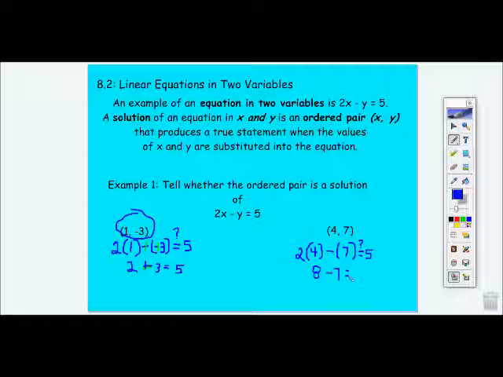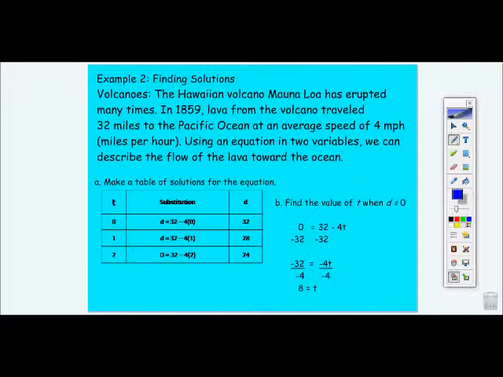Does that equal 5? That does not equal 5. So I can mark that as it is not equal. So this is not an ordered pair solution to my equation that has two variables. Simple as just substituting those in.